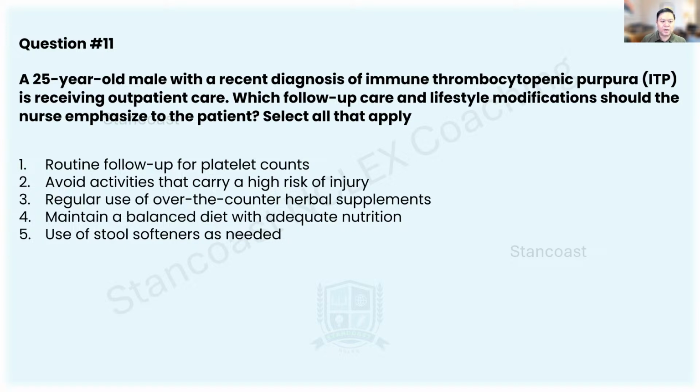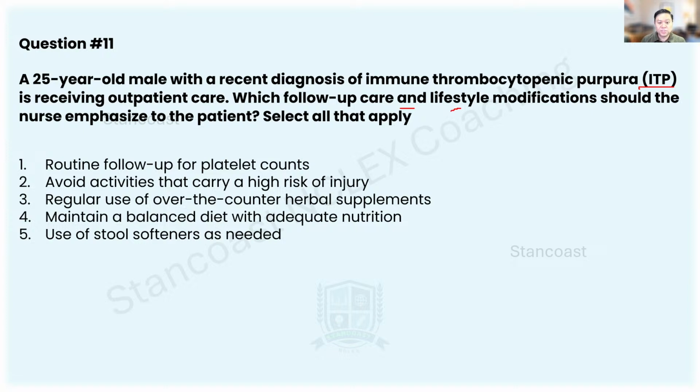Here we are being asked about ITP. A 25-year-old male with a recent diagnosis of ITP is receiving outpatient care. Which of the following follow-up care and lifestyle modifications should be emphasized by the nurse? Let me check your answers.